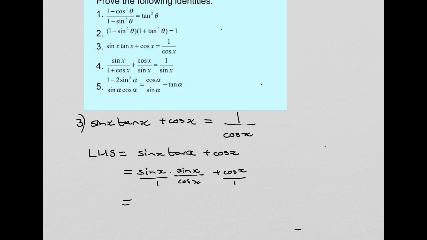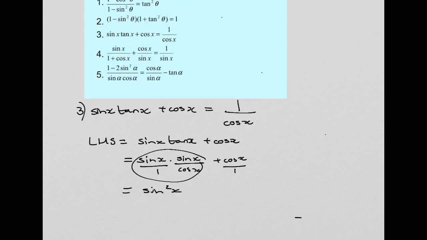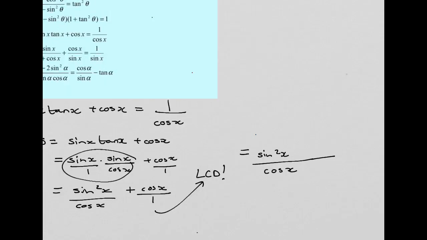So when we're multiplying the first two fractions here, we're going to do top by top, so sin squared x over bottom by bottom. 1 times cos is just cos, and I'm adding it to cos x over 1. Now I'm going to find an LCD. With my LCD being cos x, my first fraction is sin squared x over cos x.